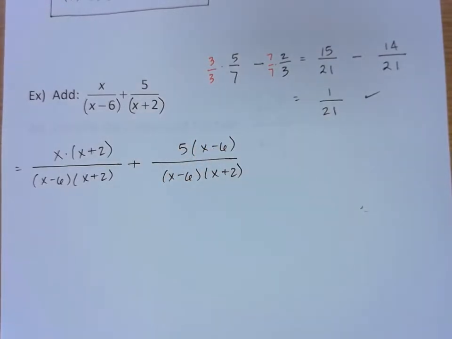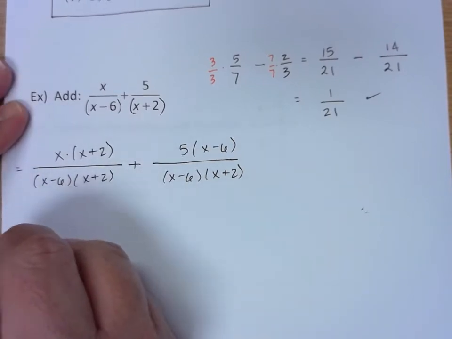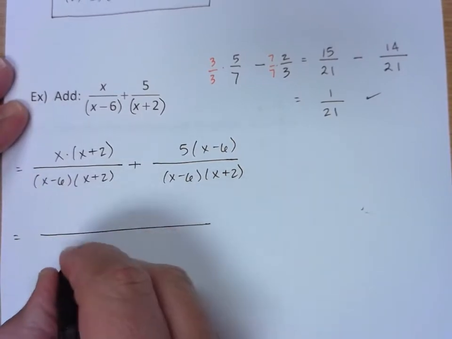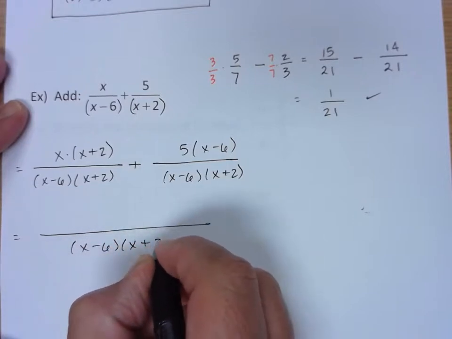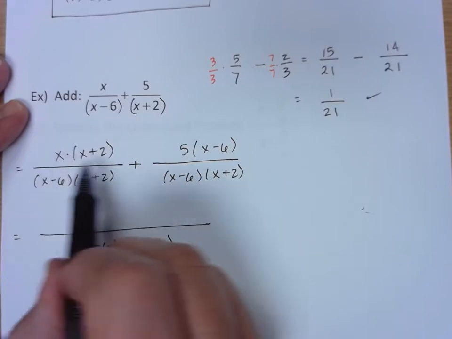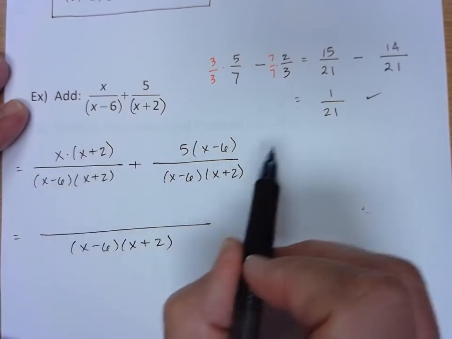Okay, so I'm in the process of bringing these two fractions together, so I'm going to go ahead and anticipate one big fraction bar with my common denominator underneath, and then we'll start distributing and collecting like terms when I add across the top.